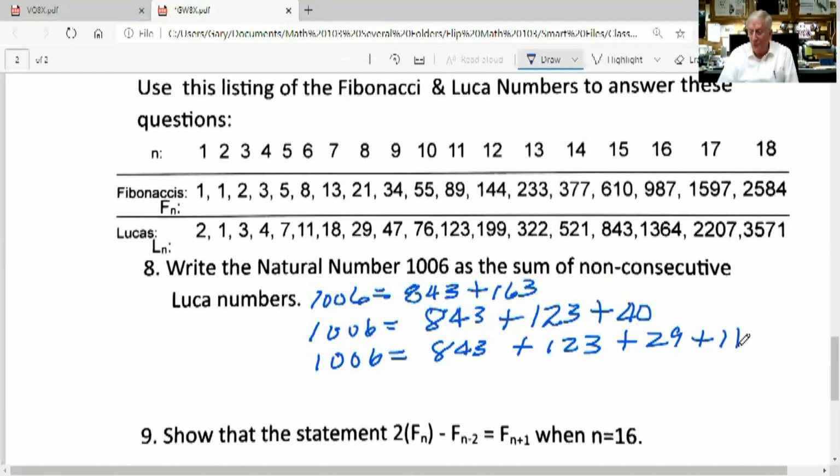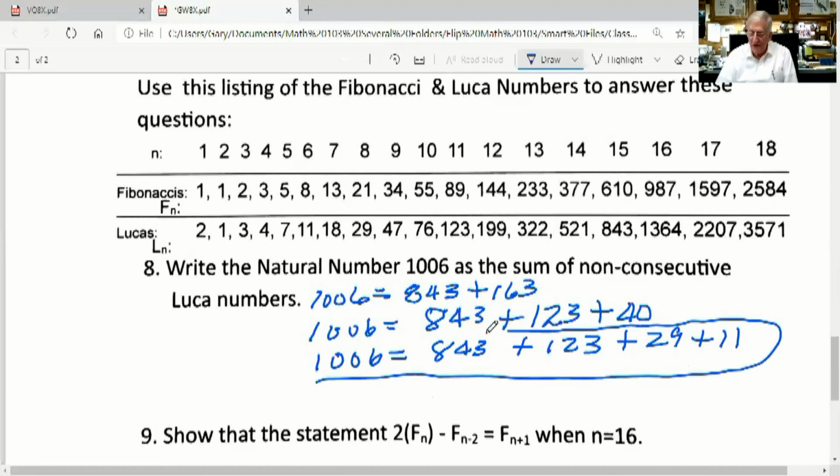So is 11 a Lucas number? Yes, it is. So guess what? Here is my answer. And you'll notice if you go back and look at the table and check out where those numbers are located, 843, 123, 29, and 11, none of them are next to each other. So you know that you have done the problem correctly.